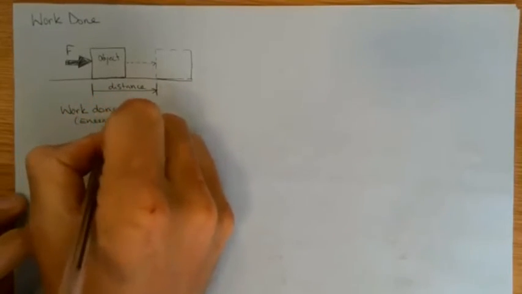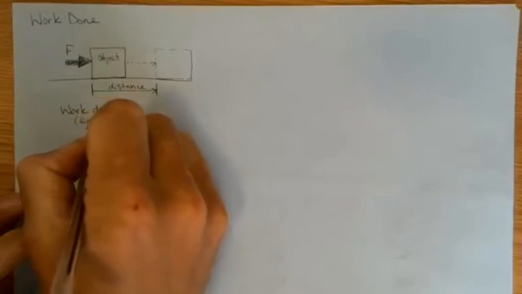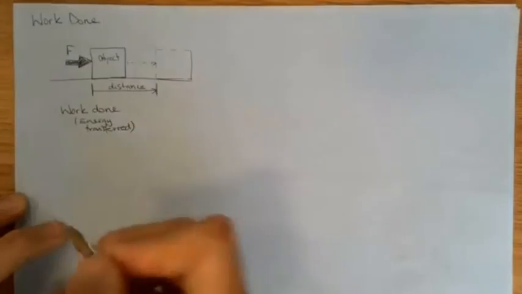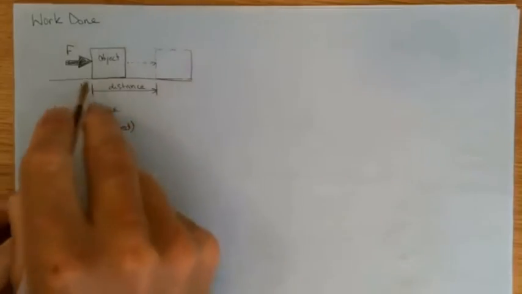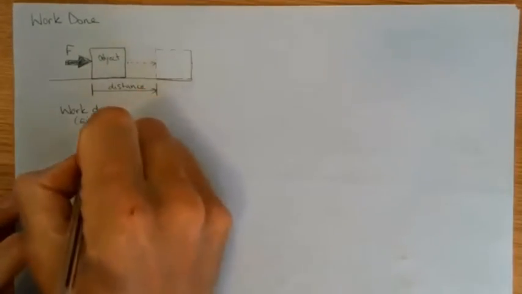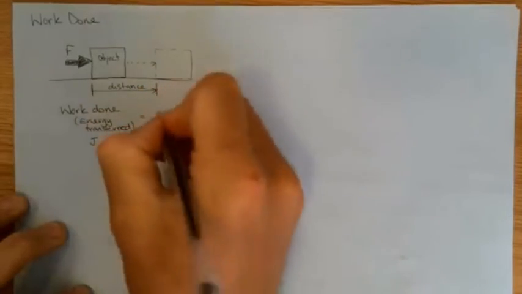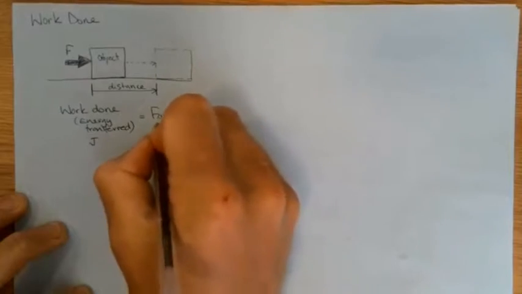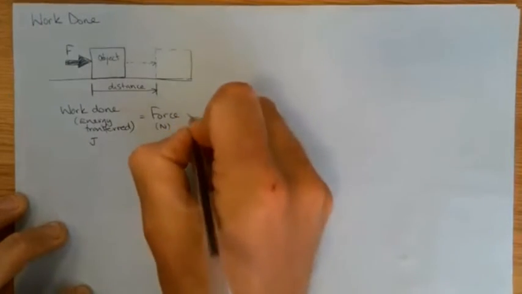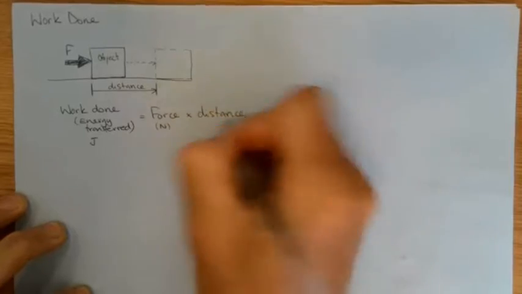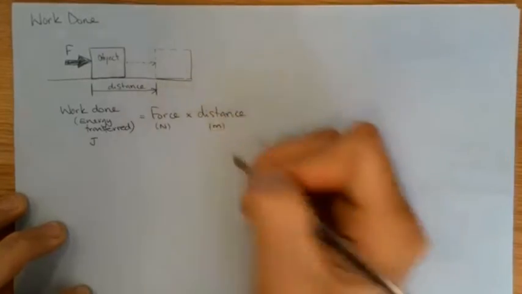So it's how much energy has transferred during this operation of moving the object from here to here. So how much energy, so it's in joules, is the force that's been applied, measured in newtons, multiplied by the distance, measured in meters.